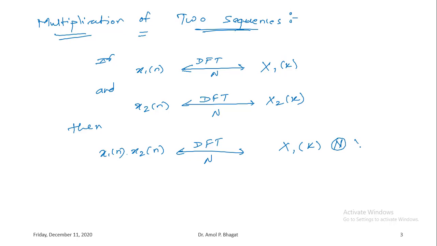So their respective DFT circular convolution multiplied by 1 by N.